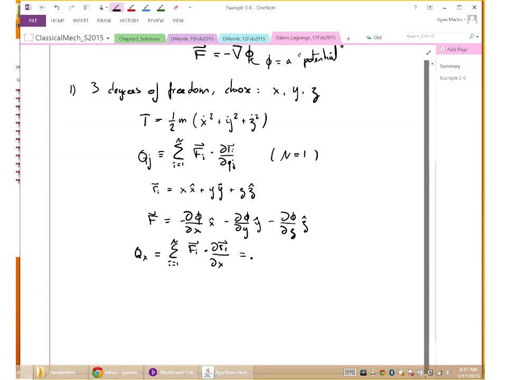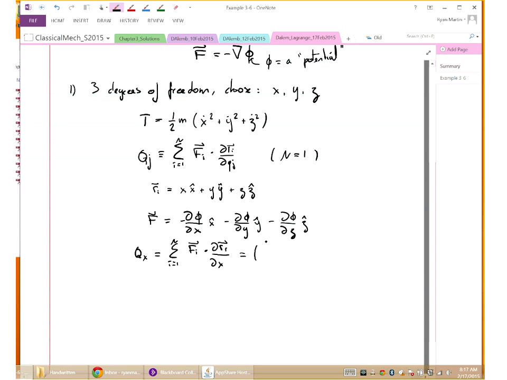So if I look at my ∂Ri by ∂x, if I look at Ri up here, only the first term has an x in it. And when I take the derivative with respect to x, it's ∂ by ∂x of x times x hat. And so that's just x hat.